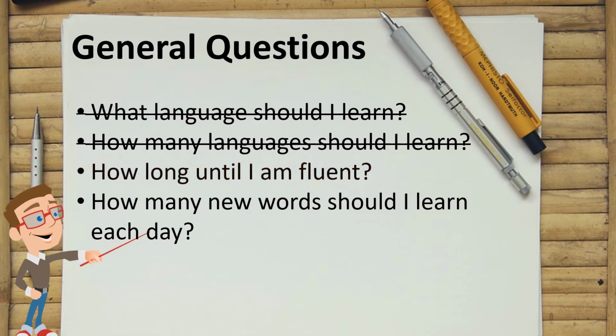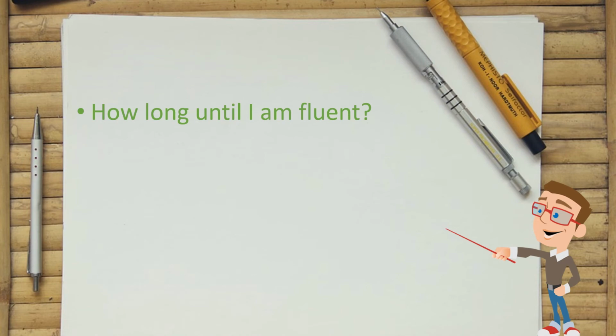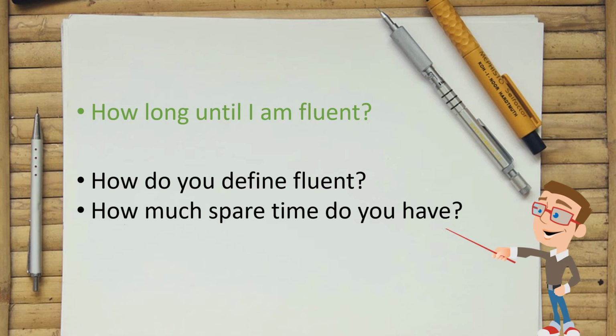Now the next question, how long until I'm fluent? Well, how long is a piece of string? The first thing you'll need to define is what does fluent mean, and you'll be hard pressed to find a good answer even among linguists. So perhaps a better way is to ask how long to get to the various CEFR levels.